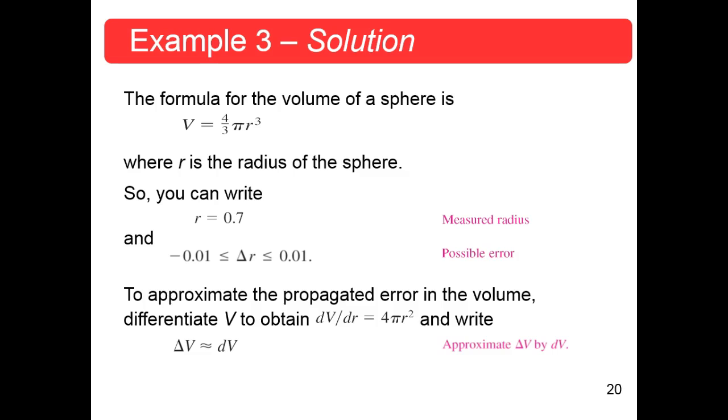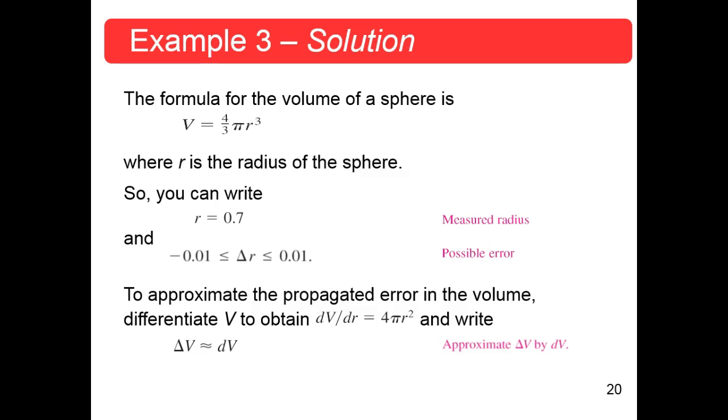To approximate the propagated error in the volume, we differentiate V to obtain dV/dr, which is 4 pi r squared.